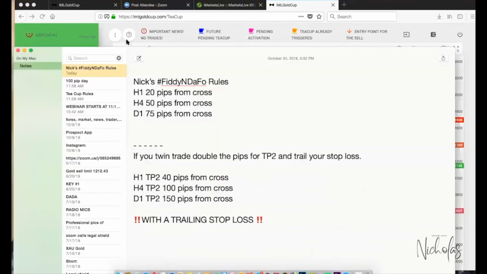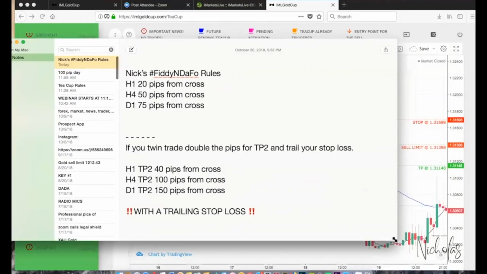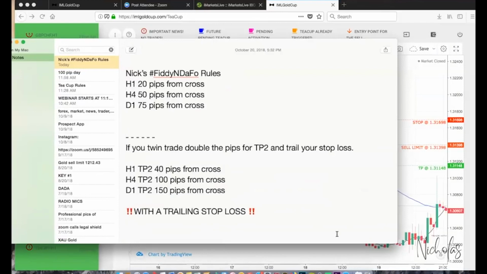Now, if you feel like a trade is going to go longer and you want to try to make a little more money, basically here's what you do. You do something called a twin trade. So if I'm trading a standard size lot and I want a twin trade, I'm going to break my standard size lot into 2 half lots, which would be 0.5 and 0.5, because they add up to 1.0, right?